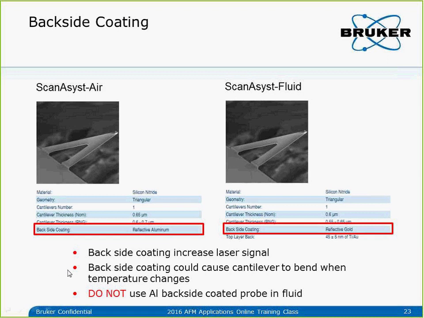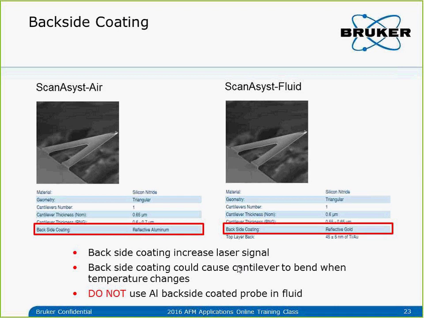But sometimes the backside coating could cause some problems, because the backside coating is typically metal, aluminum or gold, a different material compared to the cantilever material, like silicon or silicon nitride. This causes what is called a bimetal effect. If the cantilever temperature changes, it will cause the cantilever to bend automatically through this bimetal effect.